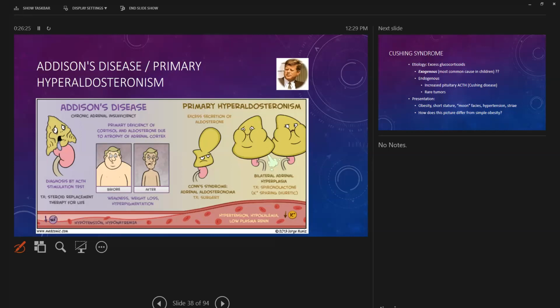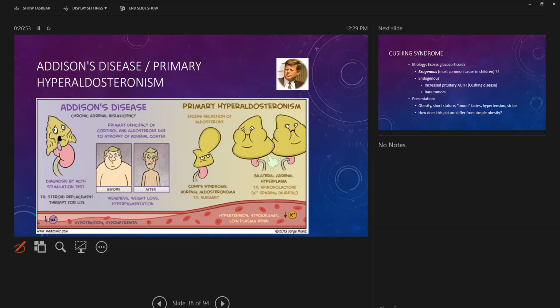This can happen when people are taking cortisol, because that negative feedback causes the adrenals to just dry up. So it's diagnosed by this ACTH stimulation test. So you're trying to stimulate the release of ACTH, or you're seeing if it can be inhibited by cortisol. And so that's the mechanism there.